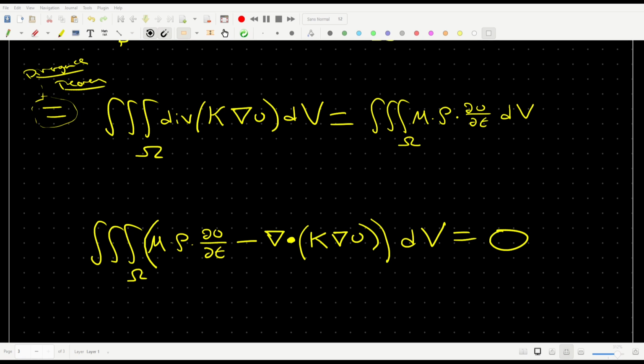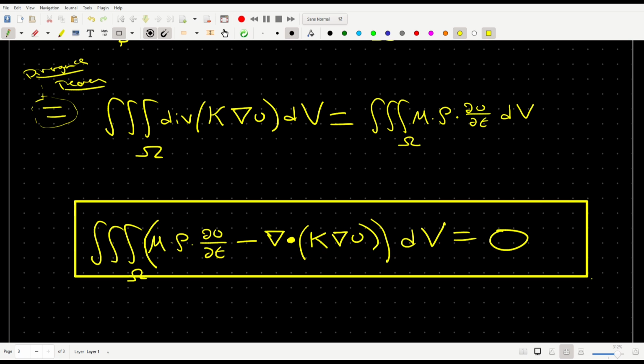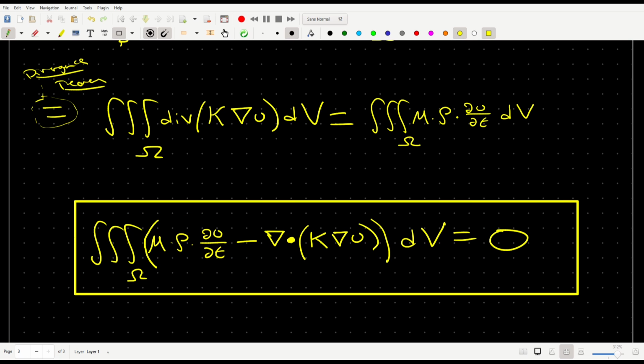And now the key part in reducing this to what's called the differential form of the heat equation is realizing the following things. This right here is sometimes called the integral form of the heat equation because it's represented as the triple integral.